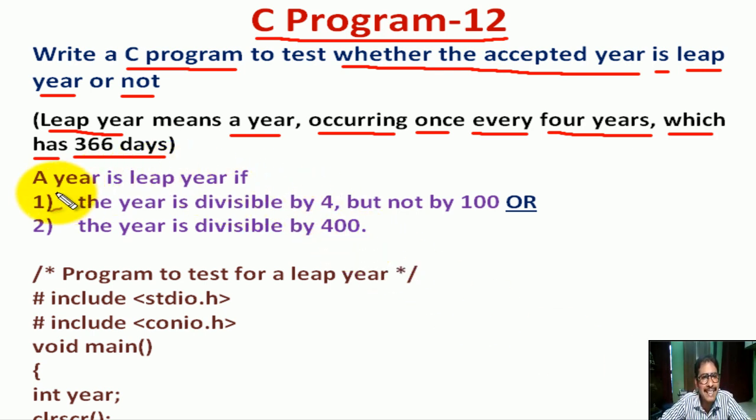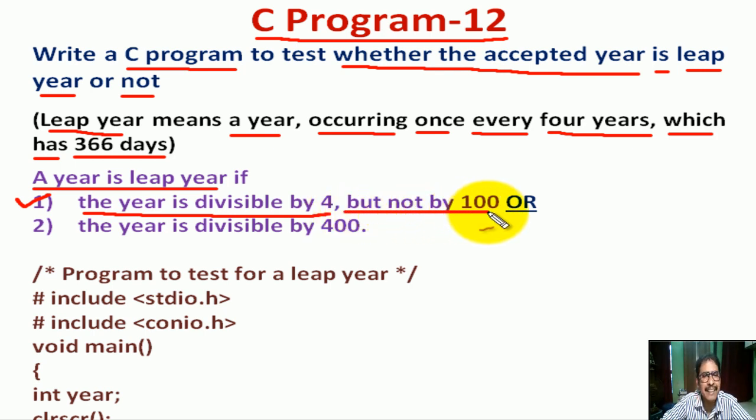Now, what is the mathematical condition of a leap year? A year is leap year. Number one condition, the year is divisible by 4 but not by 100. The year is divisible by 4 but not divisible by 100.